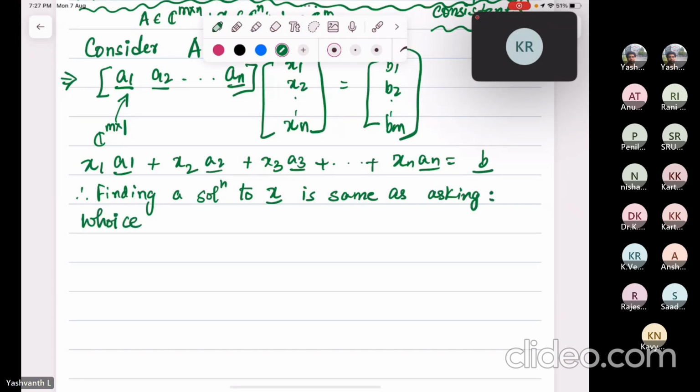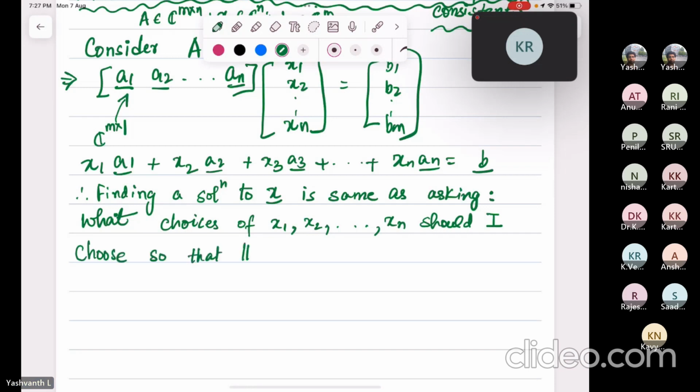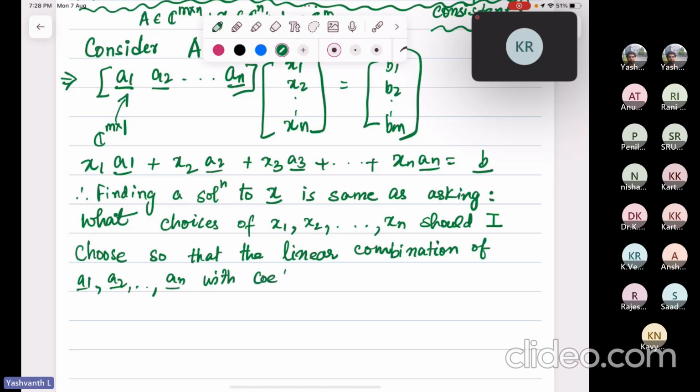What choices of x1, x2, and so on till xn should I choose so that the linear combination of a1, a2 to an with coefficients x1, x2, so on till xn gives the vector b.